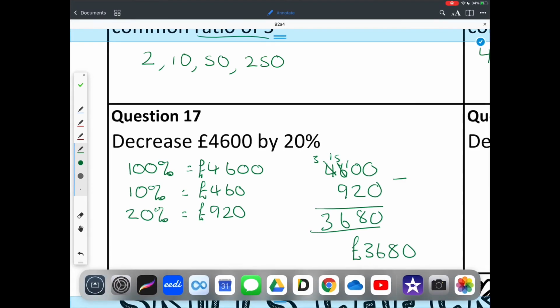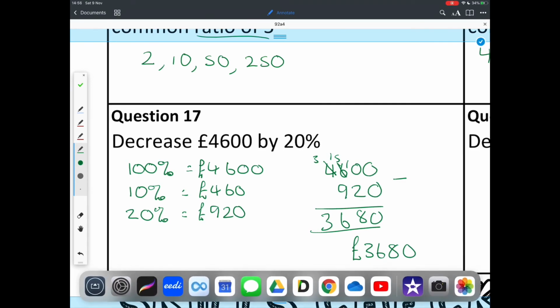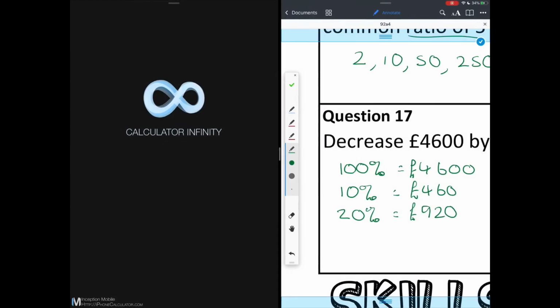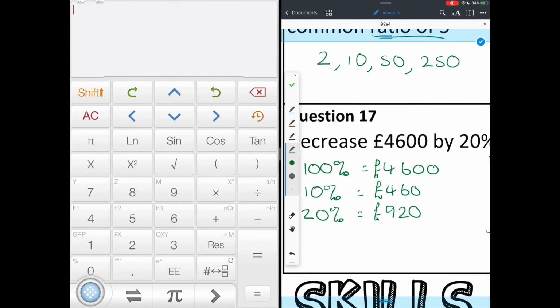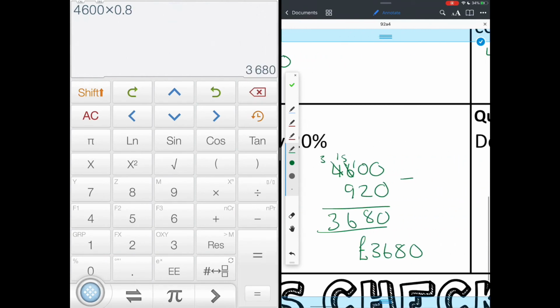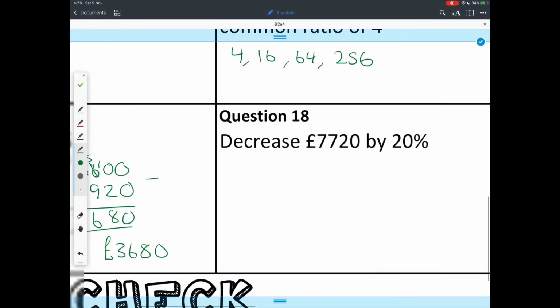If we wanted to check that with a calculator, because of course there is a calculator method that we can use, then we would say decreasing by 20%, 100% take away 20% is 80%. So I want 80% of that. 80% as a decimal is 0.8. So 4,600 times 0.8 gives me 3,680, which is what I got.